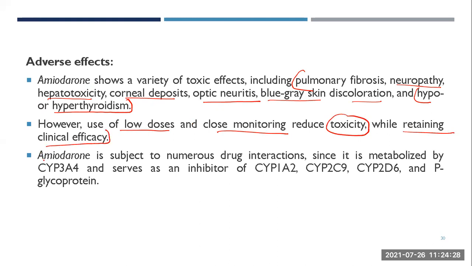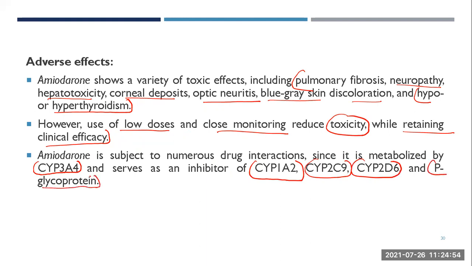Okay, so amiodarone is subject to numerous drug interactions since it is metabolized by the major enzyme CYP3A4, and it serves as an inhibitor of CYP1A2, CYP2C9, CYP2D6, and the P glycoprotein.